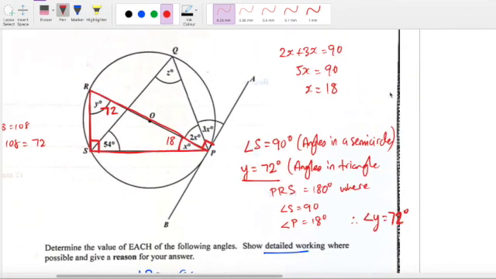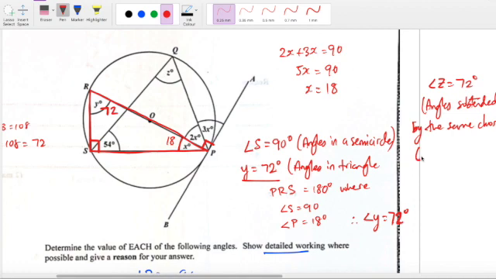So angle z is equal to 72 degrees because angles subtended by the same chord, and the chord is the chord PS, are equal. Right? So we have the reasoning and an easier reasoning.